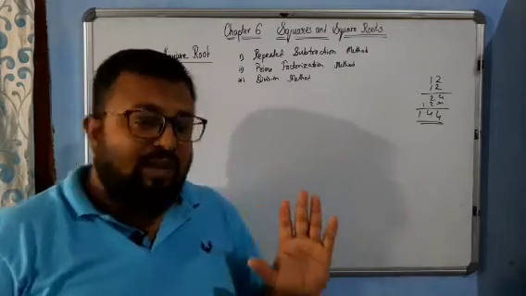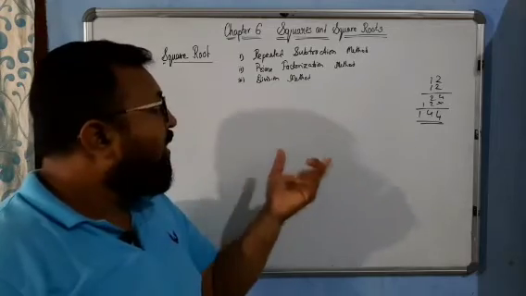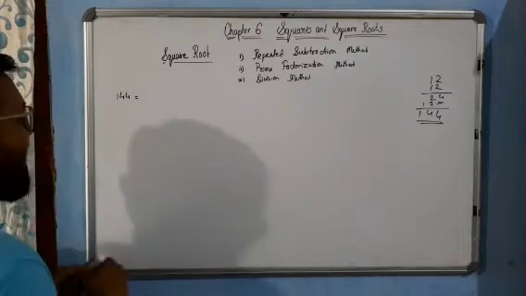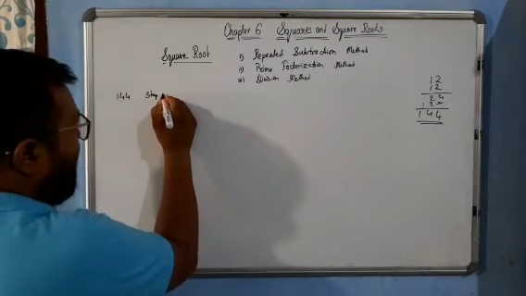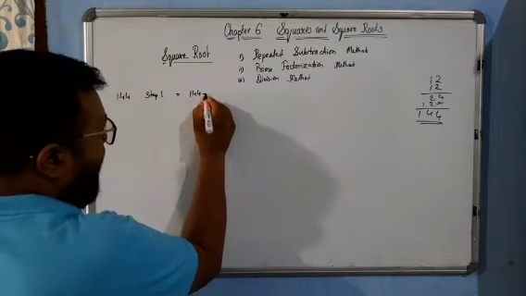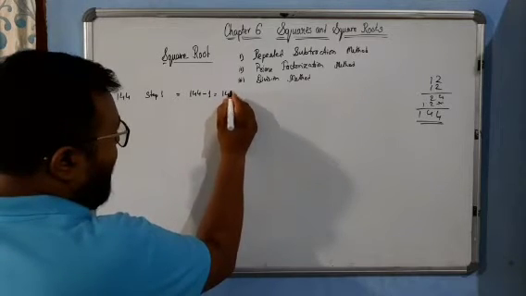We will subtract the number by all the positive odd numbers. See how we will do this one. Step 1: 144 minus the first odd number, which is 1, gives you 143.